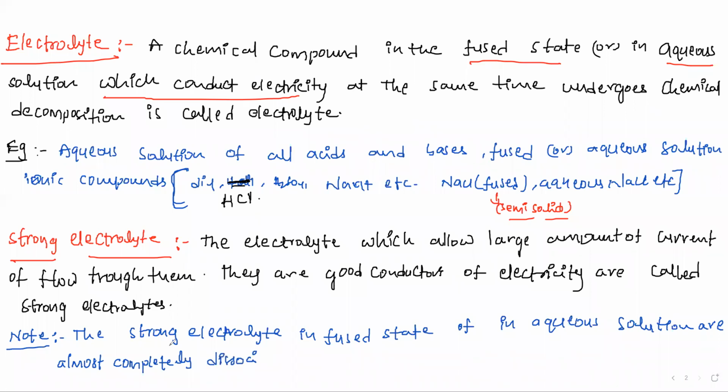Dissociation is nothing but decomposition. So the ionic or fused compounds are almost completely dissociated. That's why these are strong electrolytes, so they can pass a large amount of electricity through them.